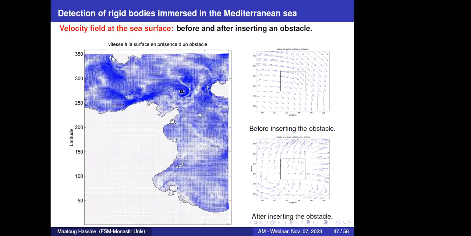In this example, we have applied our numerical identification approach for identifying a rigid body immersed inside the fluid flow inside the Mediterranean Sea. The exact location of the unknown rigid body is represented by this black square.